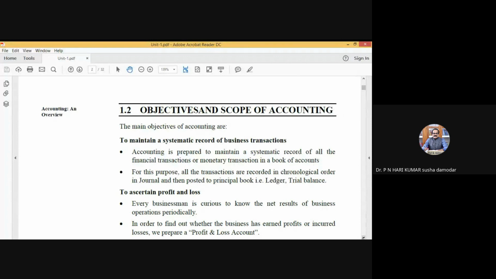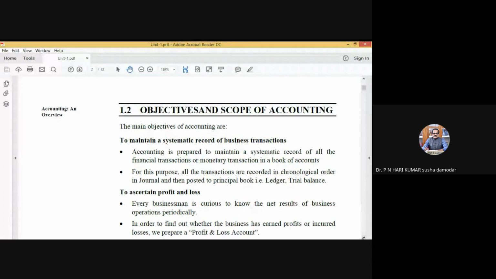The main objective is to maintain a systematic record of business transactions. Every day, every hour, every minute, a large number of business transactions are taking place. So what are the objectives of accounting?